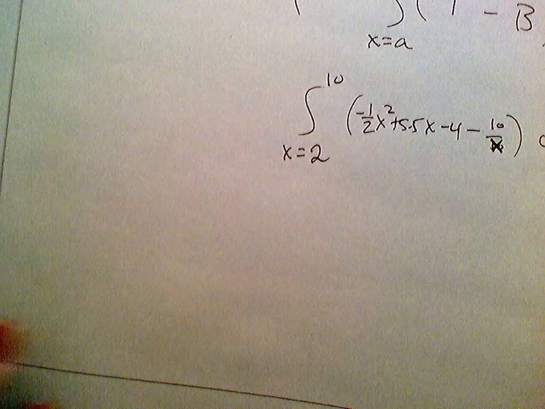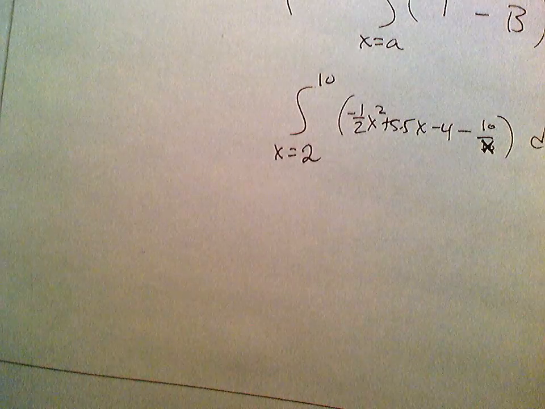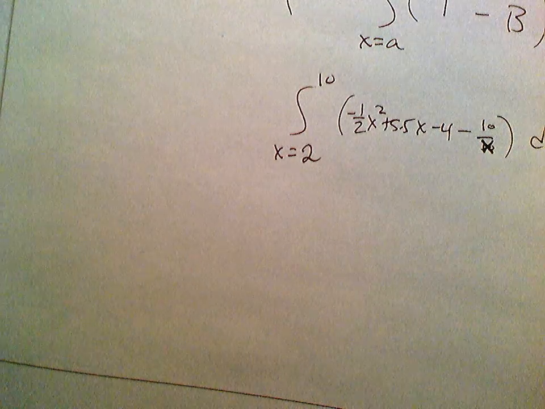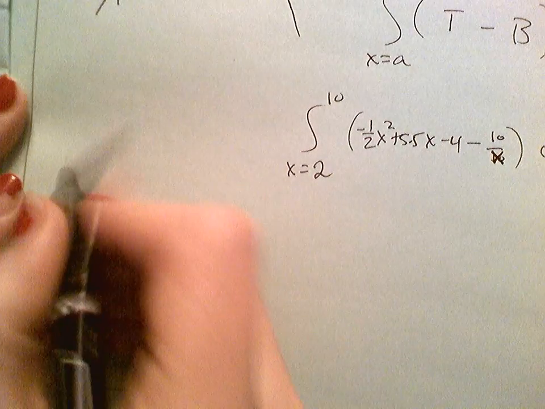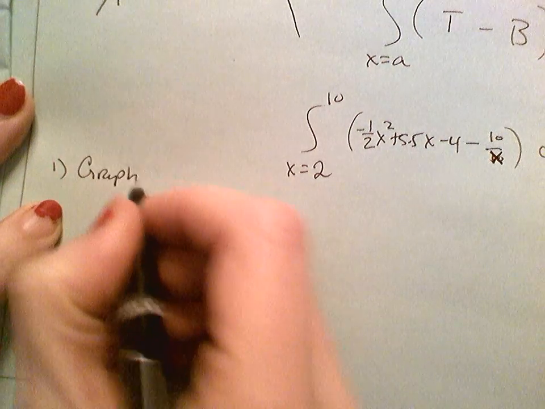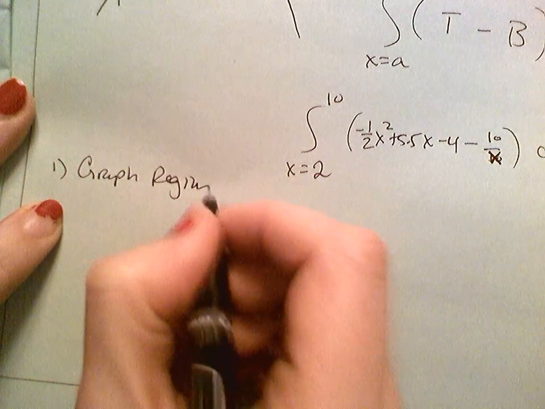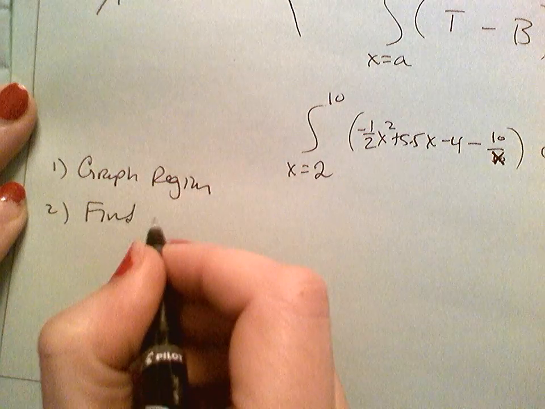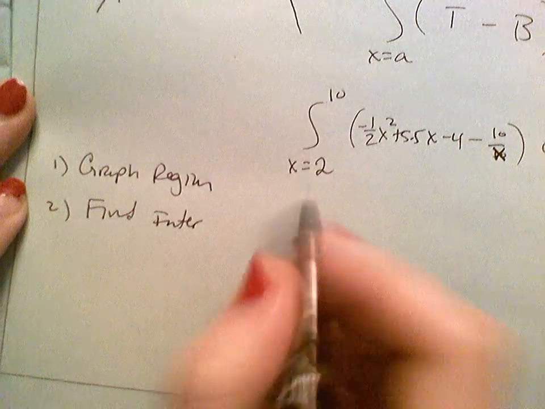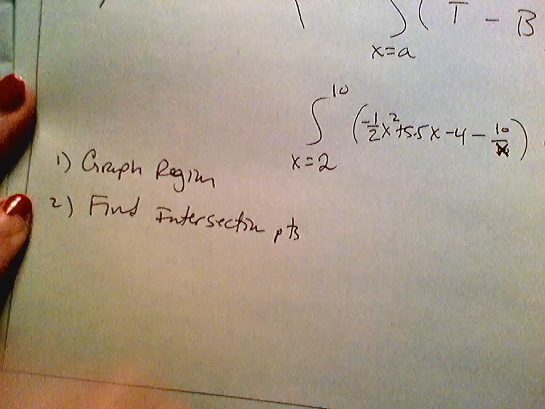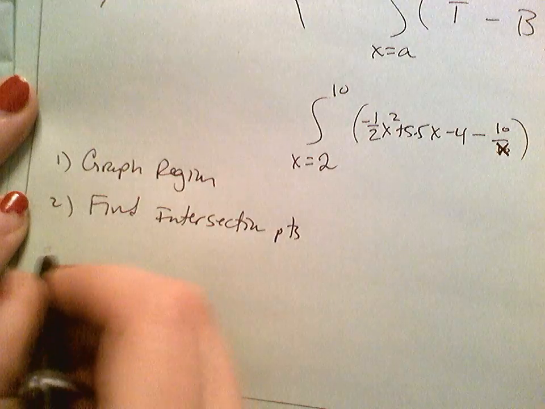Now, I don't think we have a second example. No, we don't. But let's write down the steps that we did, in case it helps. Step 1, when you're doing a problem like this, first you graph the region. Step 2, you find the intersection points, like the vertices of the region.